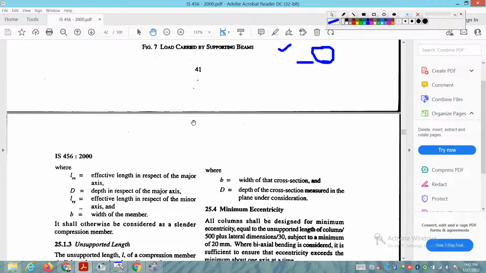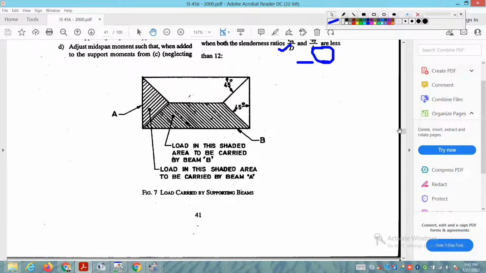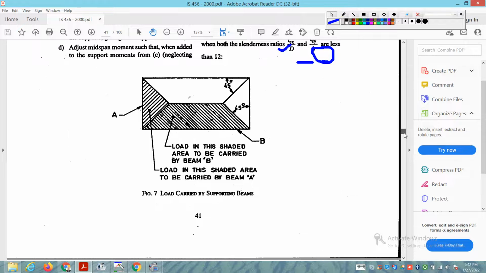See here, it is very helpful. Without this, it's not possible to design. See here, this is the load distribution on slab, how the load should be calculated, how the loads on the slab should be distributed. It is given here, page number 41.